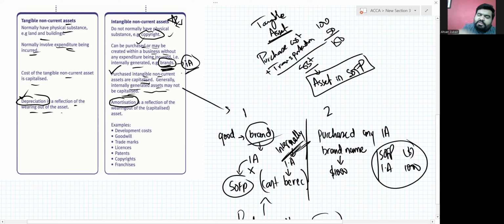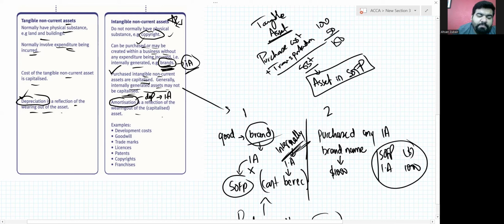Amortization is the depreciation of an intangible asset. If I ask you to do a question on amortization, it's not a different question. It's the same straight line or reducing balance; the word used for intangible asset depreciation is amortization. It is a reflection of the wearing out of capitalized assets.